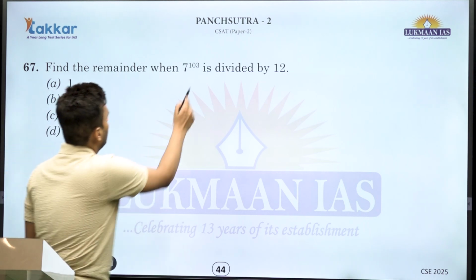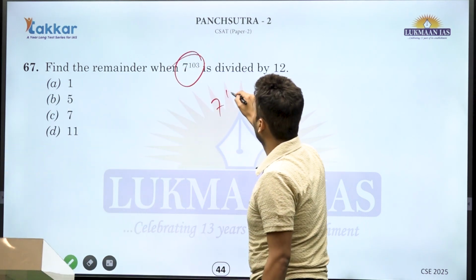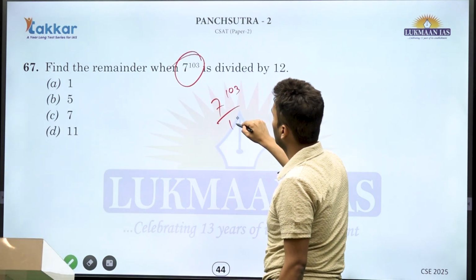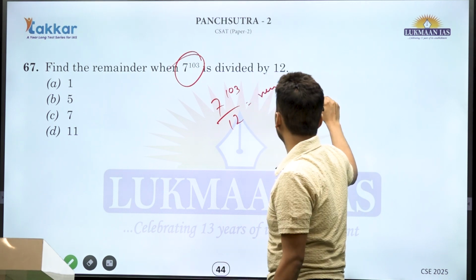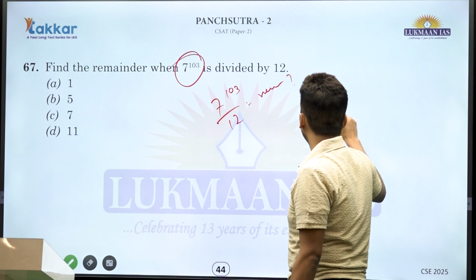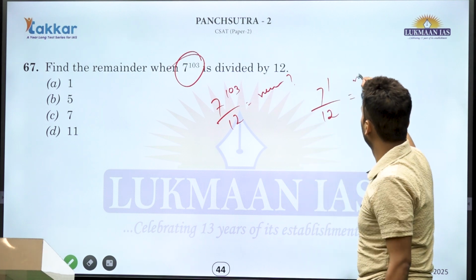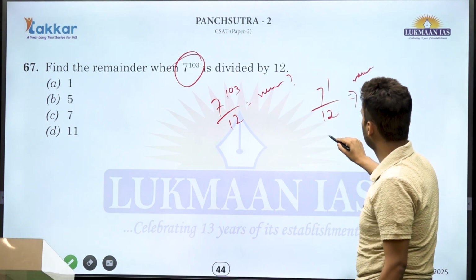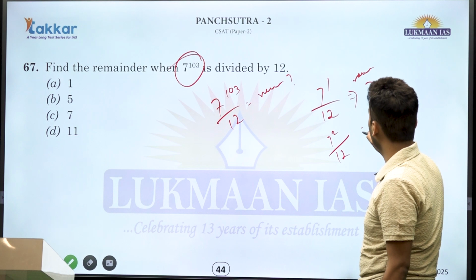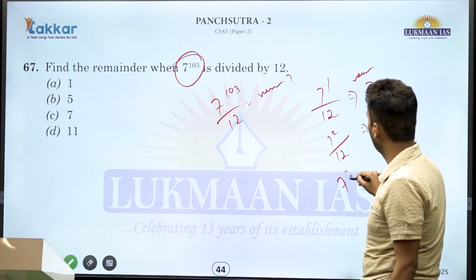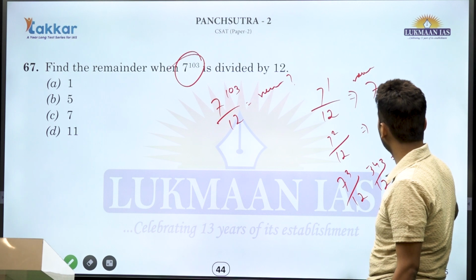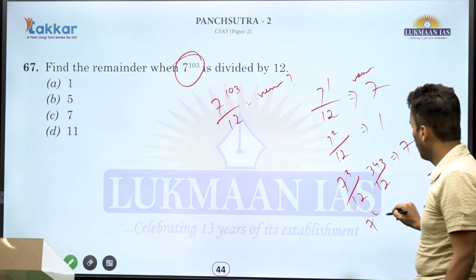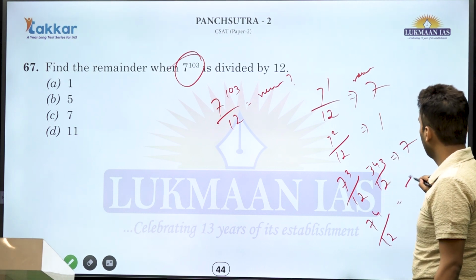Now here we are given 7 to the power 103 divided by 12, and we need to find the remainder. It's an easy question. Take 7 power 1 by 12, the remainder is 7. 7 square by 12, the remainder is 1. 7 cube by 12, 343 by 12, the remainder is 7. 7 power 4 by 12, the remainder is 1.